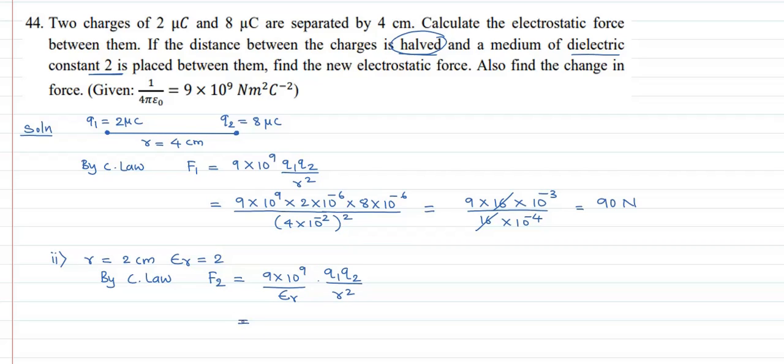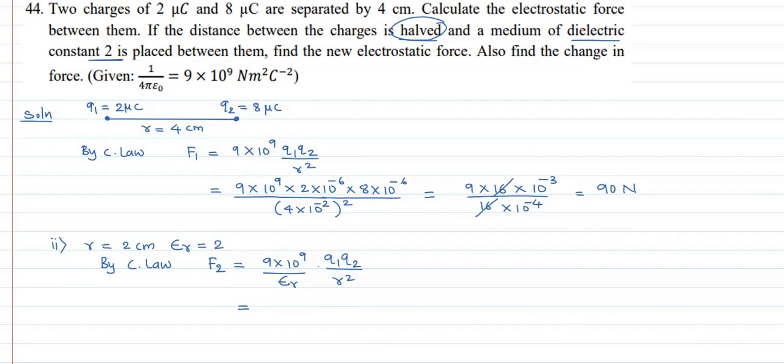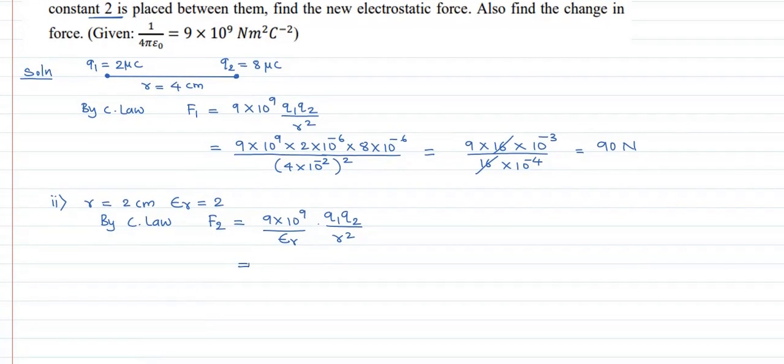Now substitute the values and simplify. 9 into 10 raised to 9, epsilon R is 2, Q1 is the same, 2 into 10 raised to minus 6, Q2 is the same, 8 into 10 raised to minus 6, whole divided by R square. Now R is 2 centimeters, so 2 into 10 raised to minus 2 bracket square.